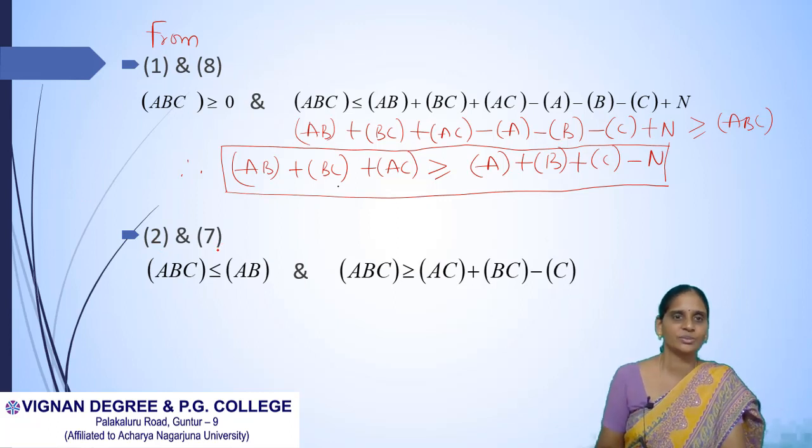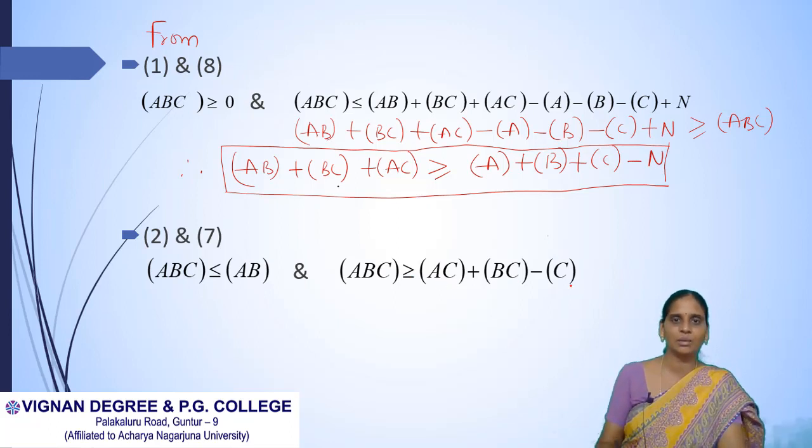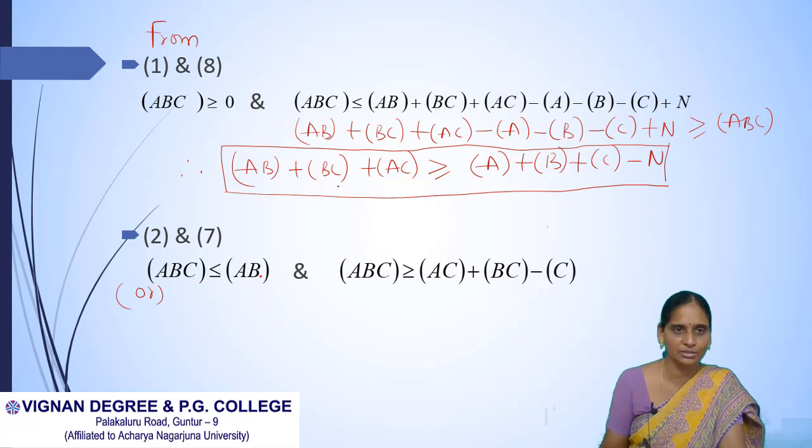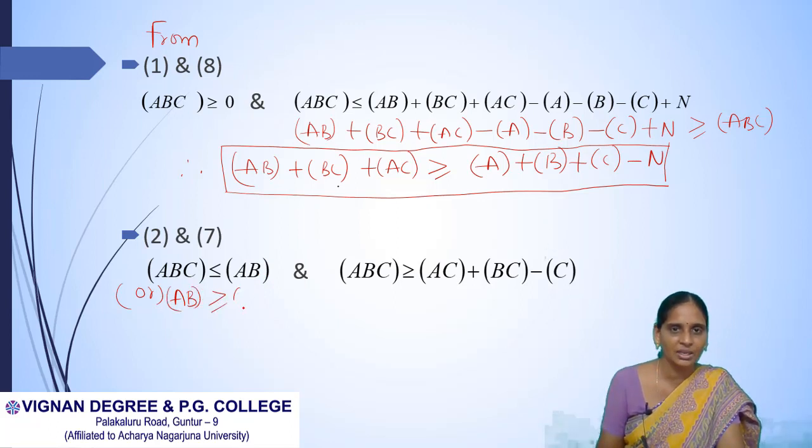And next one from the second and seventh conditions. The second condition is frequency of ABC is less than or equal to frequency of AB, and the seventh is frequency of ABC is greater than or equal to frequency of AC plus frequency of BC minus frequency of C. The second can be written as frequency of AB is greater than or equal to frequency of ABC.